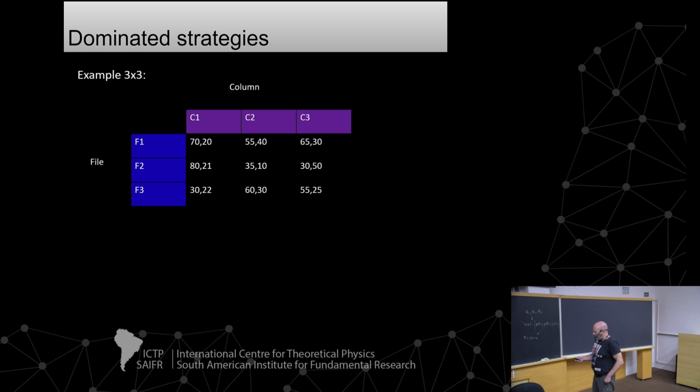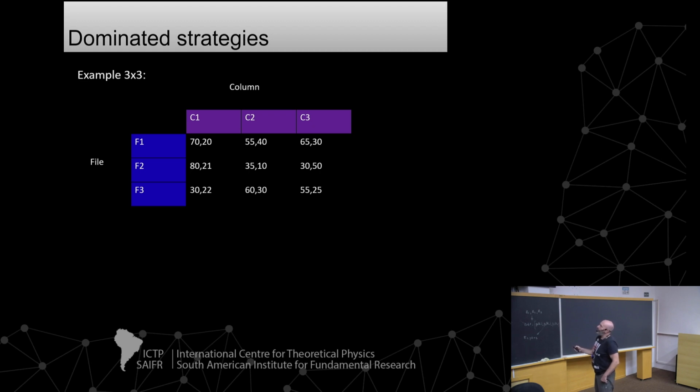So here we have an example of a game with 3 different strategies. We have strategies F1, F2, and F3, and we have strategies C1, C2, and C3. The strategies for the player in the file are different from the strategies for the player in the columns.